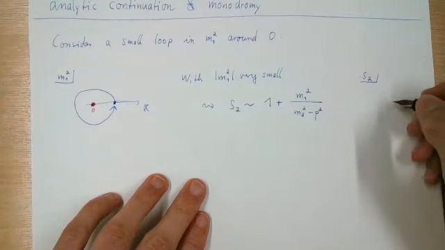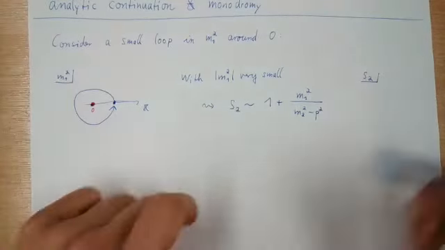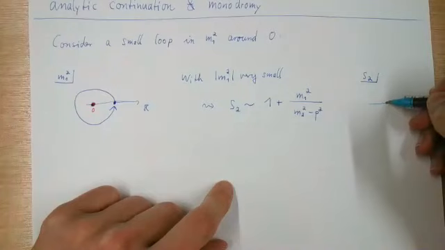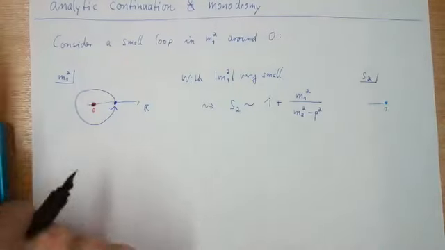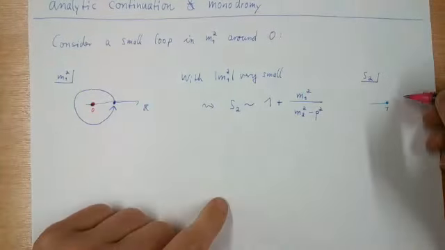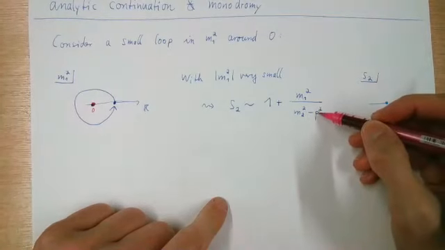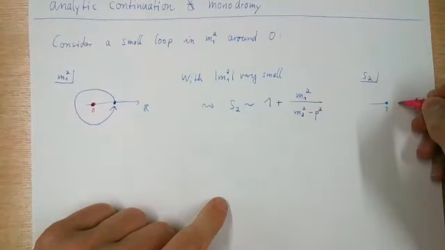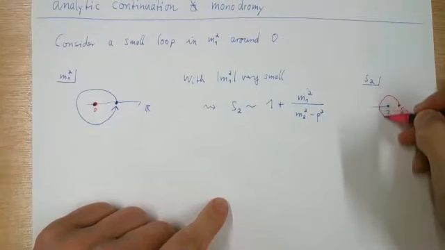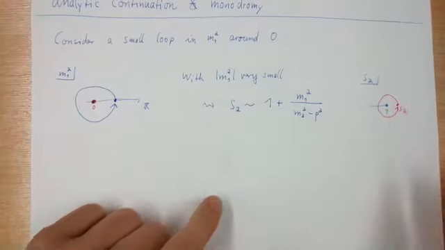So you have this endpoint of the integration path. Maybe for Euclidean p squared this is positive, so maybe you start out with an S2 somewhere here, and then this S2 runs around 1.